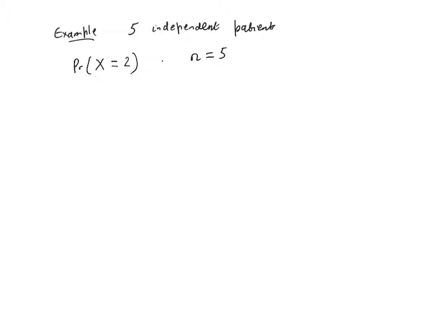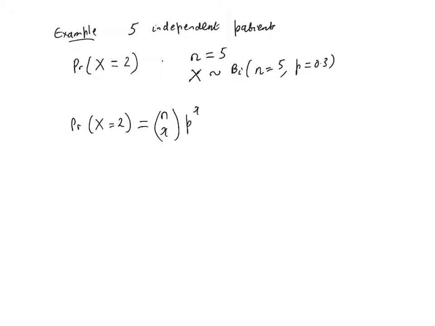We have that the random variable X, which is the number of those that result in success, follows a binomial distribution with parameters n equals 5 and probability of success 0.3 as before. And then we can work out the probability X equals 2. The general formula is n choose x, p to the x, q to the n minus x.